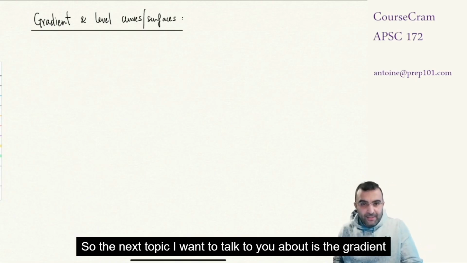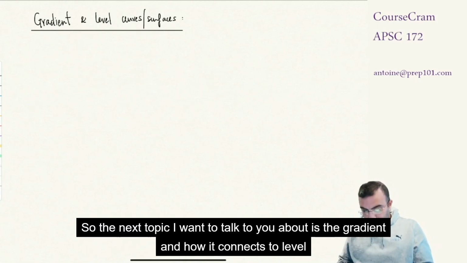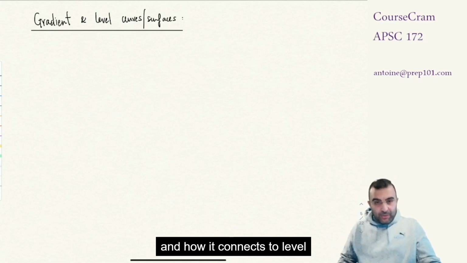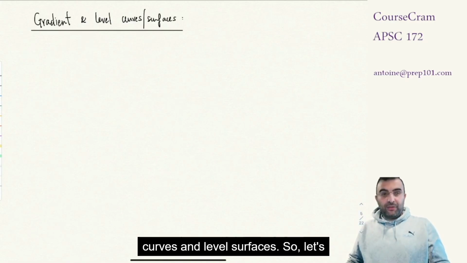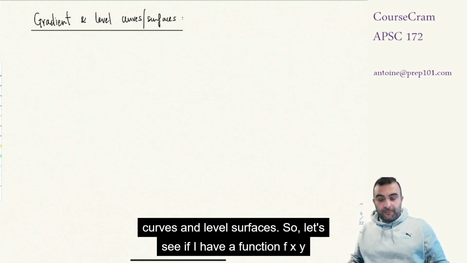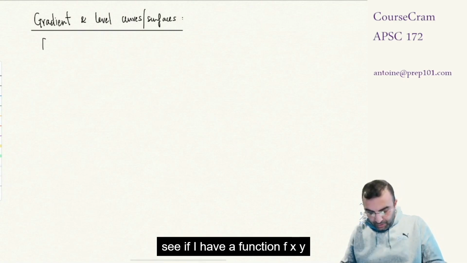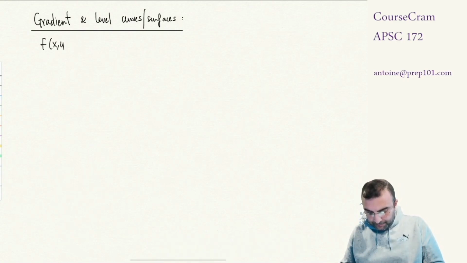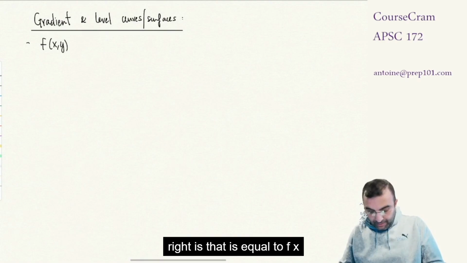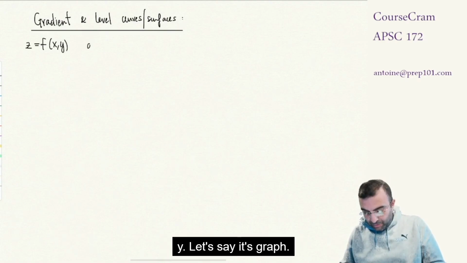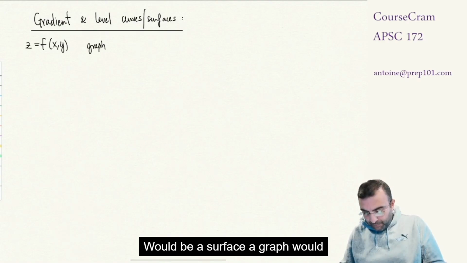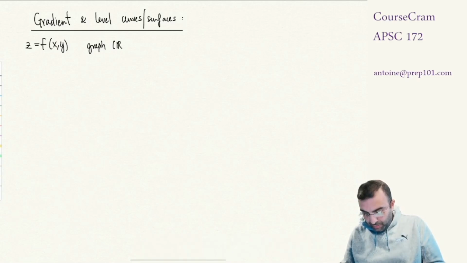So the next topic I want to talk to you about is the gradient and how it connects to level curves and level surfaces. If I have a function f(x,y), z equals f(x,y), its graph would be a surface in R3.